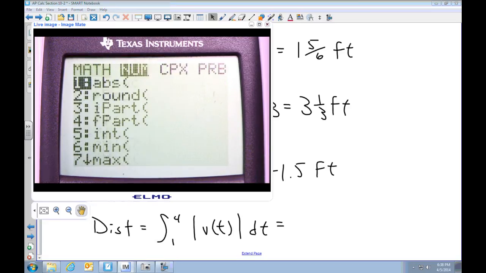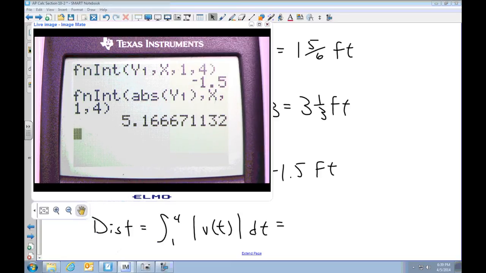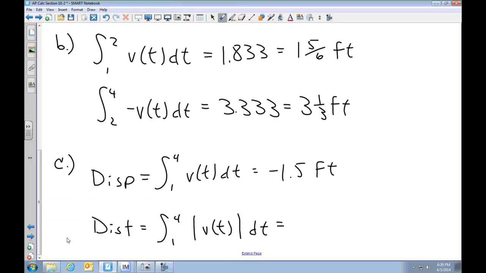So if you insert the absolute value function in there and integrate again from 1 to 4, it'll take a few more seconds to calculate that value, but it's 5.167 it looks like. 5.167, or actually that's 5 1/6 feet is what we end up with there.